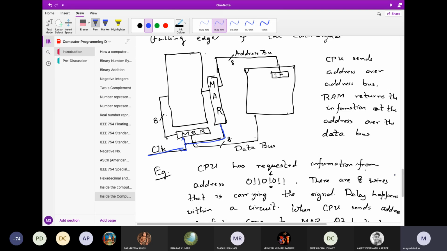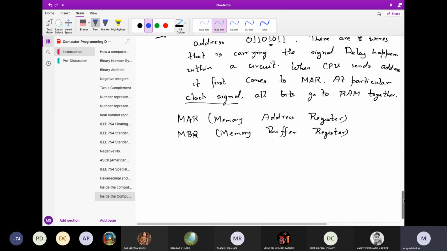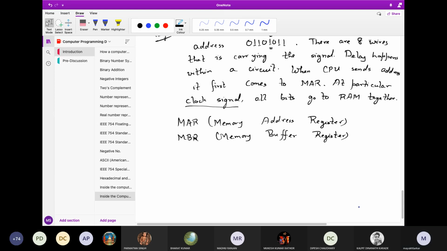Okay, so that's how everything happens within the computer so reliably. Now any question or any confusion till now?